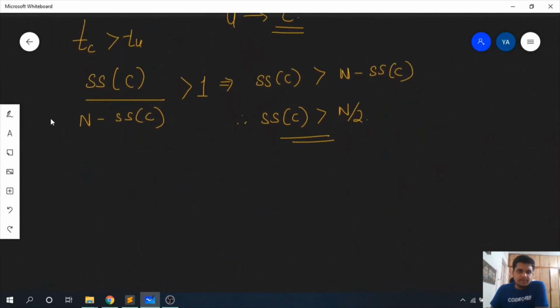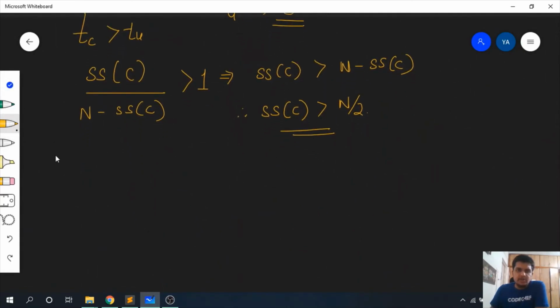Now let us imagine that we reach a node where Tu is greater than or equal to Tc, right? Here we get that Ss of C is now less than or equal to n by 2. Do you know what this means? It means that the subtree size of each of the children of a node is less than or equal to n by 2.